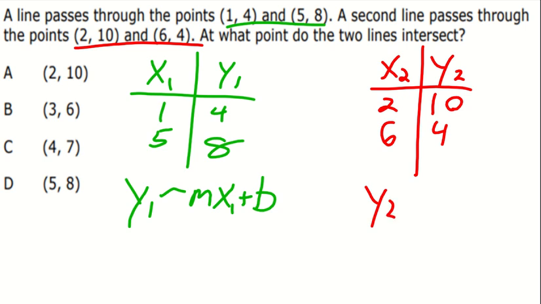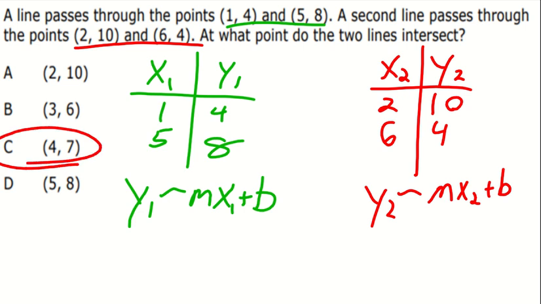We can't do y1 anymore. Yeah, so if you put those in and you get your equations that draws your line, you're still looking for the same thing. You're still looking for where they cross. In this case, they're going to cross there at point C at 4, 7.